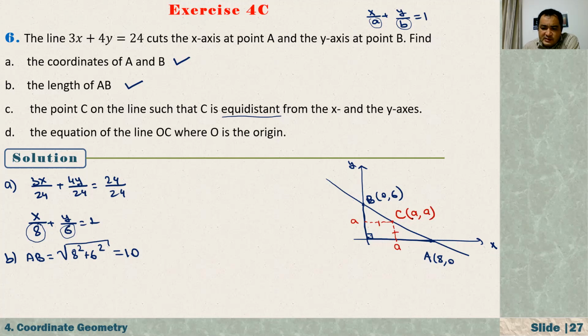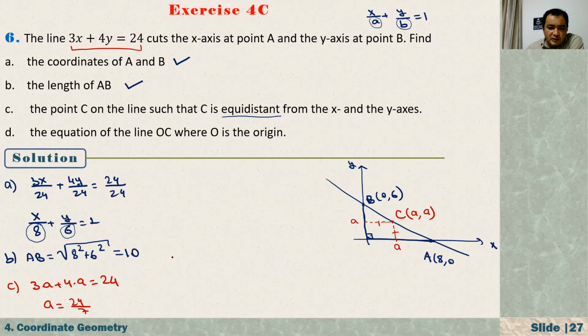Since C is lying on this line, this a and a must satisfy the equation if I substitute them. So we get 3 times a plus 4 times a equals 24. From here, what is a? It is 24 over 7.